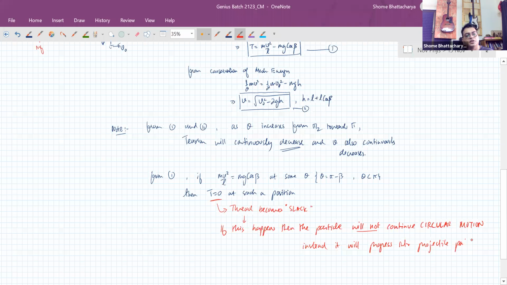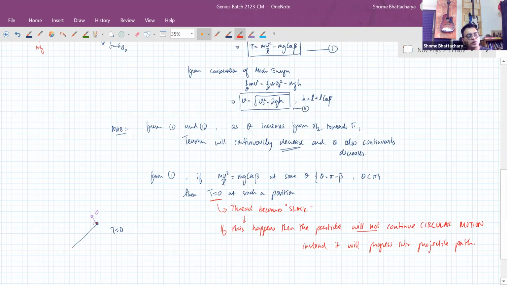So basically, if the tension becomes zero at such a position, but it's having some velocity, it's just that the velocity is not large enough to maintain the tension in the thread because of that mg cos beta component coming in.